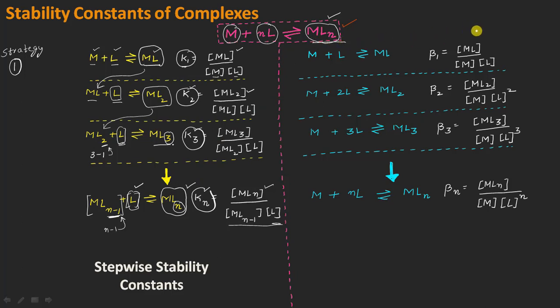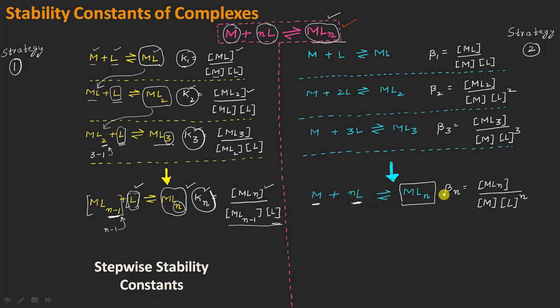And we do have a strategy 2 here. Let me write here, this is the strategy second. It says that if we want this type of complex ion, meaning MLn, we can simply start from the metal ion and add all the ligands at once, right?